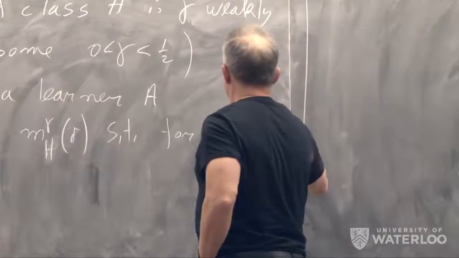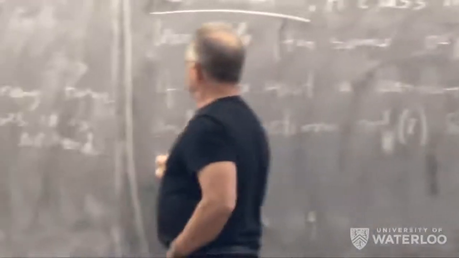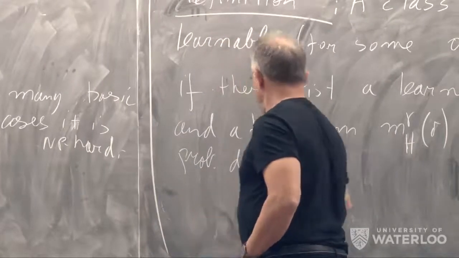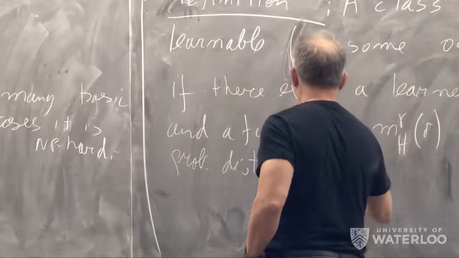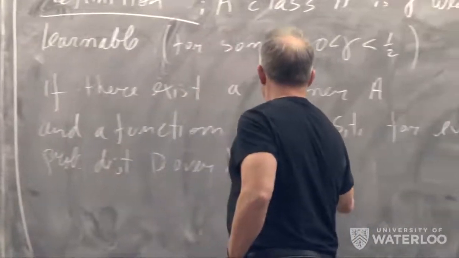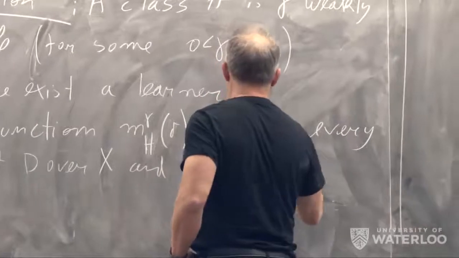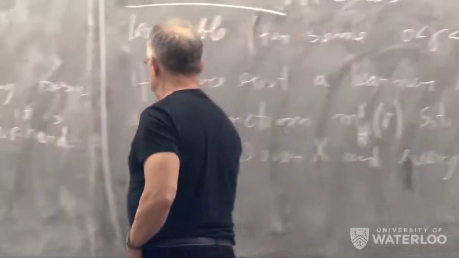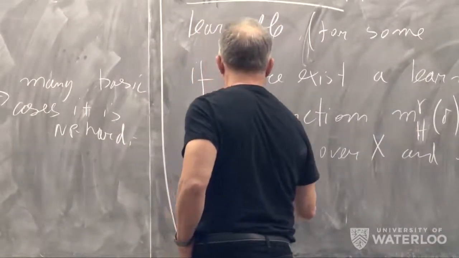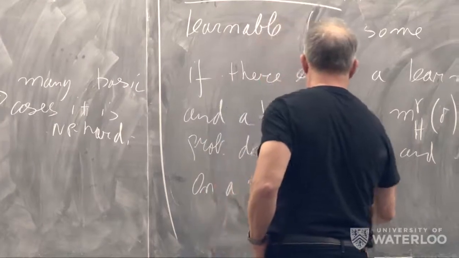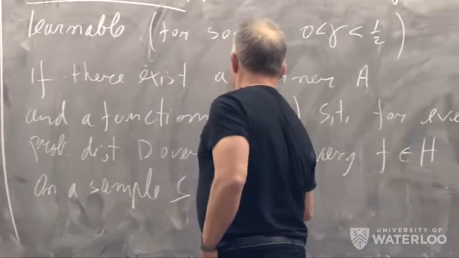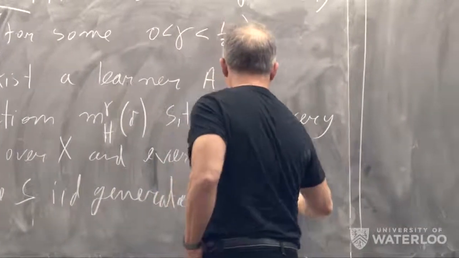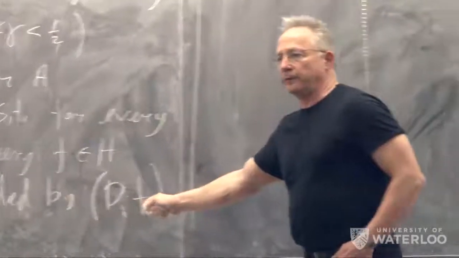for every probability distribution D over X, and every f in H, seeing a sample S, IID generated by D and f, that is, D picks points and f is labeling them.